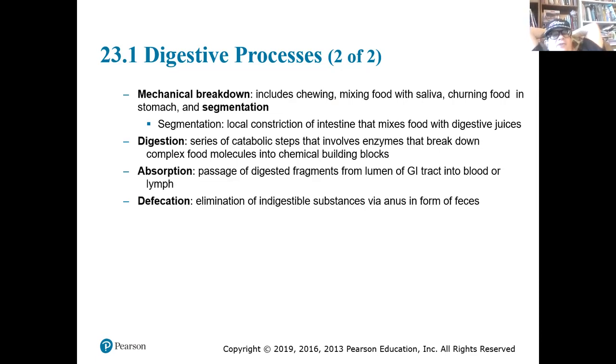Digestion is different from mechanical breakdown. Now I'll remind you, we talked about this before in AP1, but reactions are either catabolic, and the C in catabolic should remind you they cut. Think of a pair of scissors. Catabolic reactions cut a molecule apart, and usually that means that they will release energy.